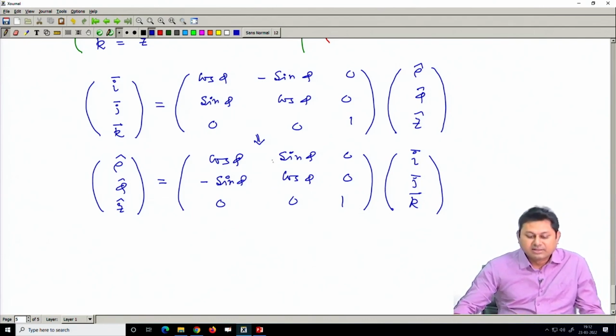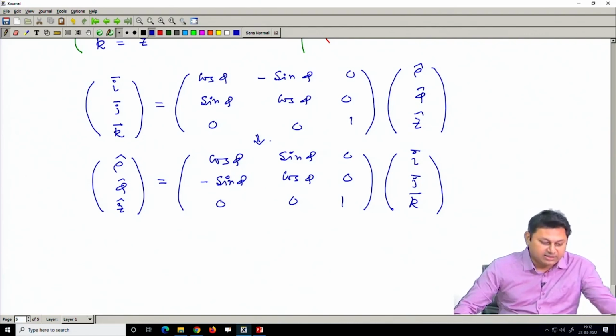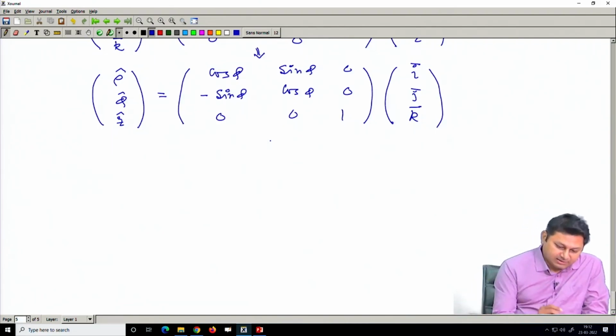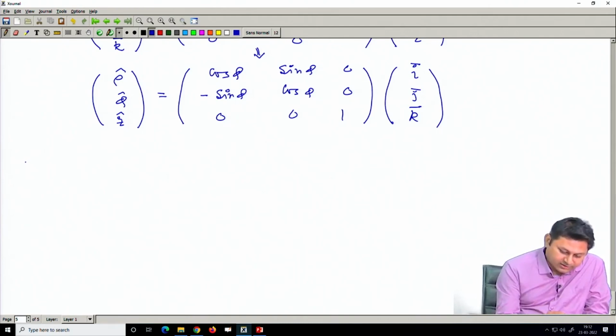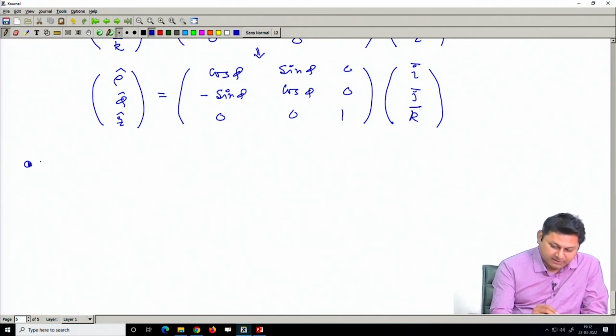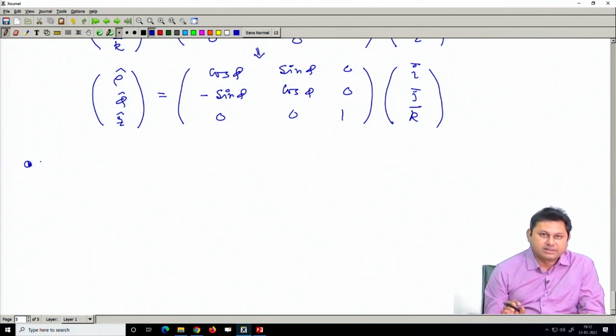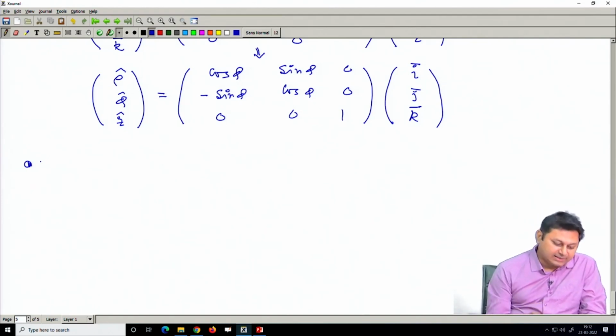So, that means there is a relationship between these transformations. These things we are going to learn next, and that is called the orthogonal transformation. These kinds of transformations are orthogonal, and when we have an orthogonal transformation, this transformation matrix follows a certain unique rule, and that thing we are going to understand quickly.